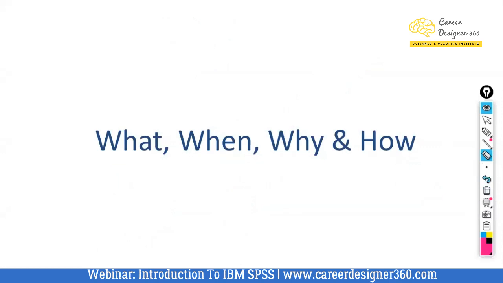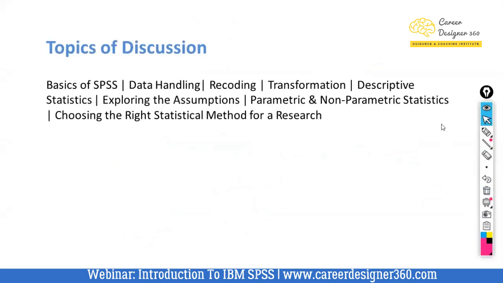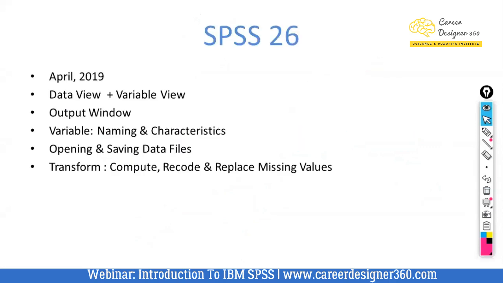Okay, moving ahead. As I told you, we will be going through these topics, so let's start with the basics of SPSS. The latest version of SPSS is SPSS 26, and it was launched back on 9th April 2019.